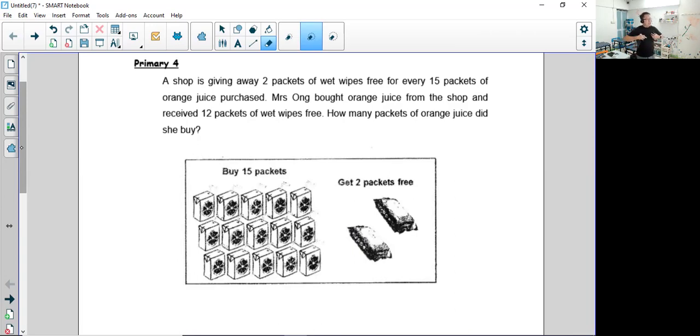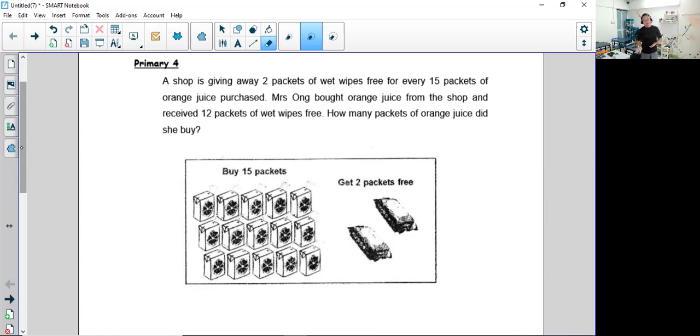When we come to the primary 4, primary 5, and primary 6 level, how do we go through the process of using this method? The process is actually quite simple. In primary 3, we will draw pictures to show the different groups because primary 3 students are still unable to think abstractly. So we have to draw pictures for them to see clearly.